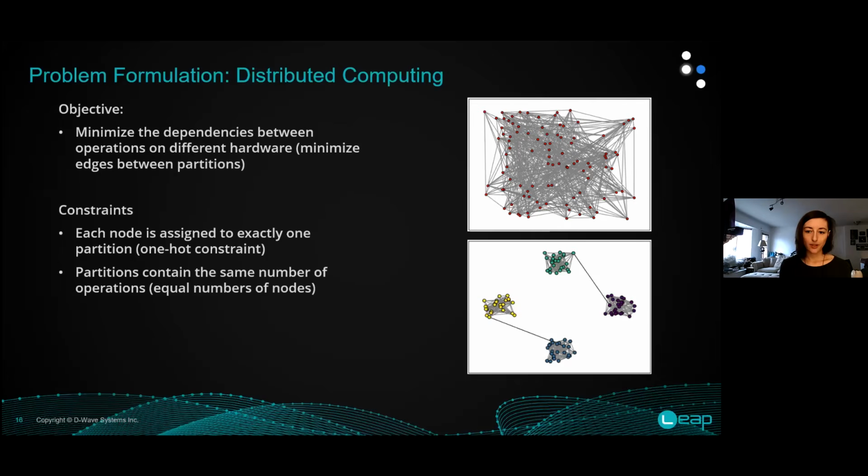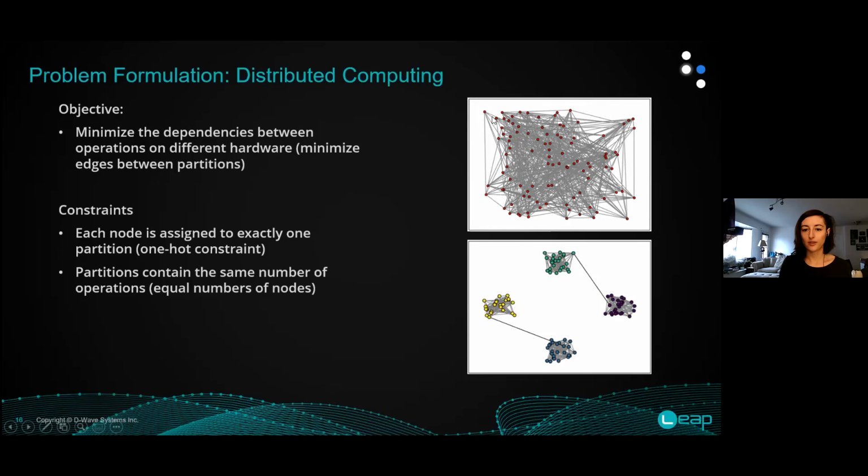So we can continue reframing and think about this problem in terms of an objective and constraints. So for this problem, our objective is going to be to minimize the edges between partitions, or minimize the messages passed between compute resources. Our constraints are that we need every node in the original graph to be assigned to exactly one partition.